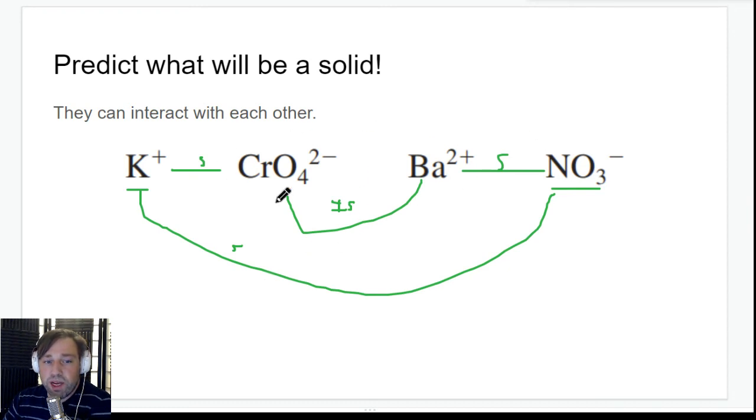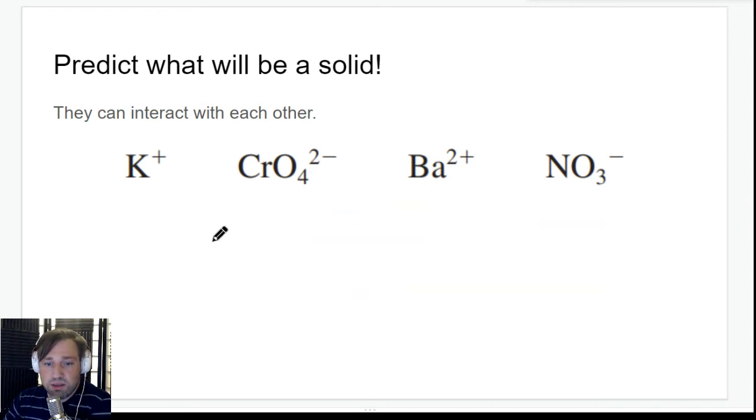So whenever we're writing out our products, we can say that barium chromate is going to be a solid. We're going to write that little solid symbol, S in parentheses, underneath chromate. And then we're also going to have 2 potassium ions that are aqueous.